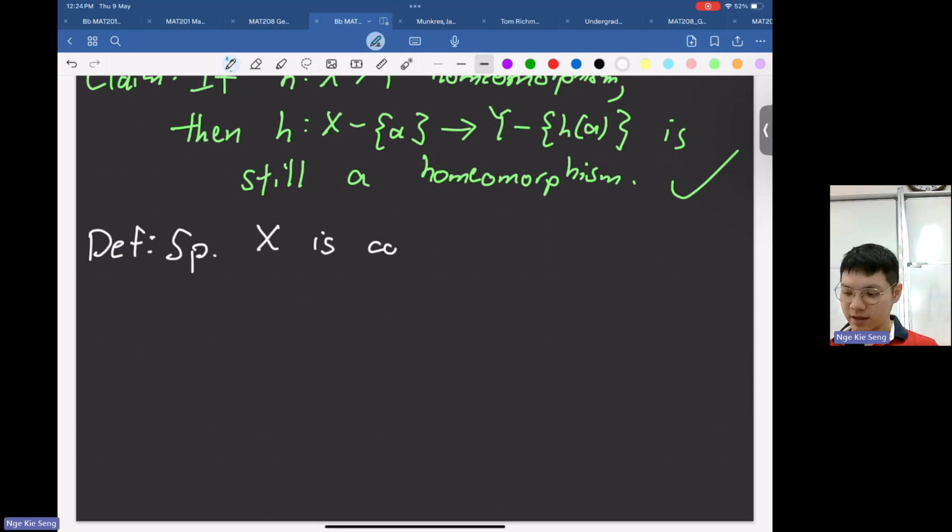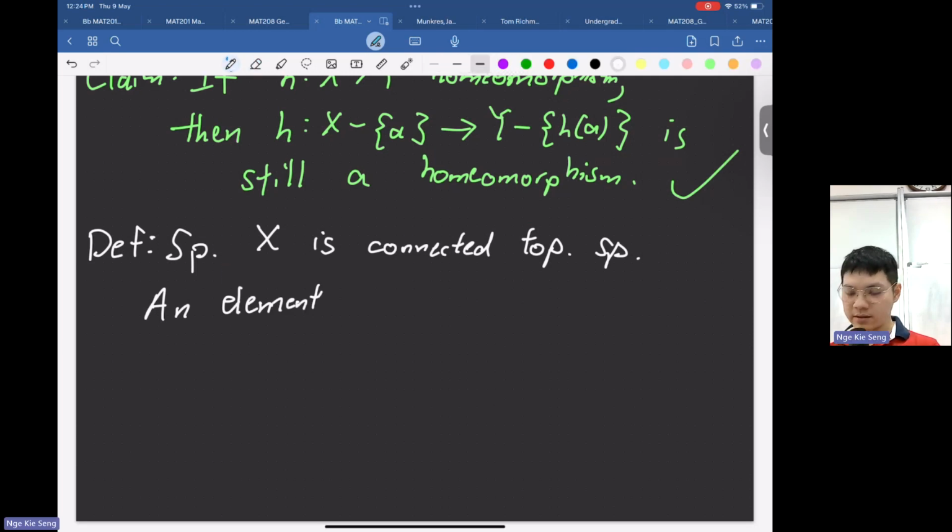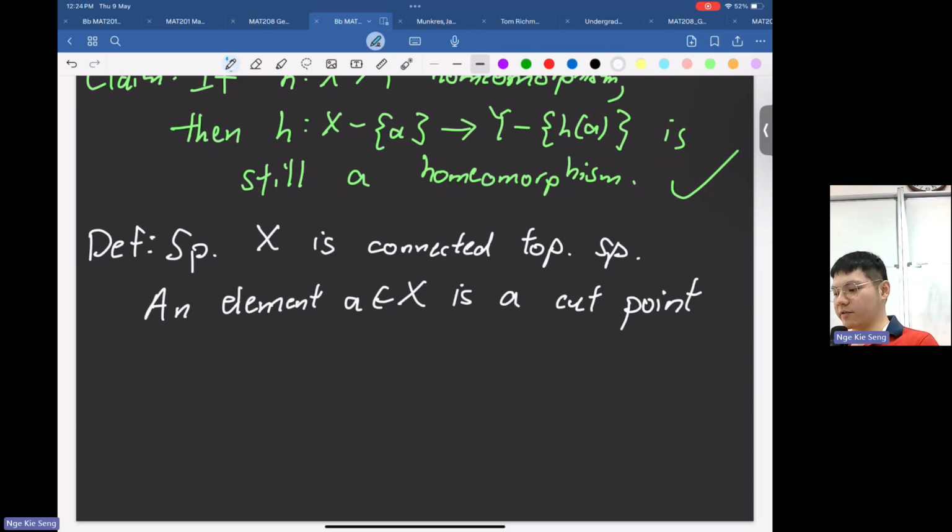Suppose S is a connected topological space, and an element A in S is a cut point. Maybe it will remind you of some graph theory terminology. An element A in X is a cut point if X minus A is not connected.